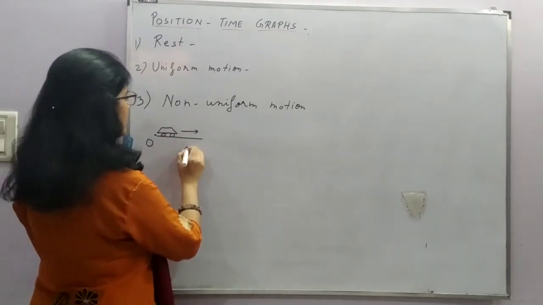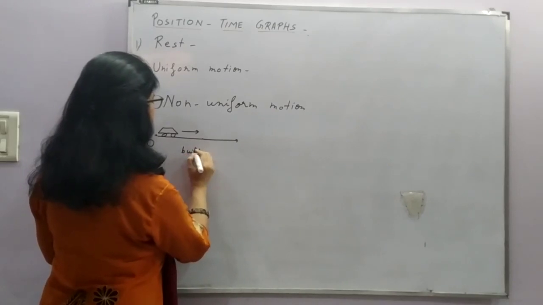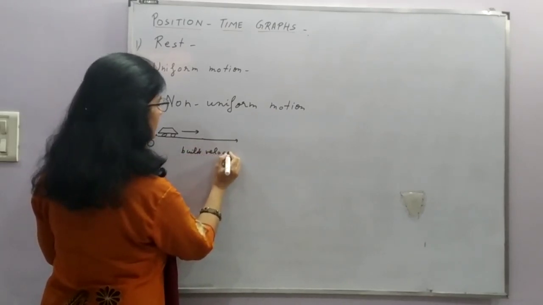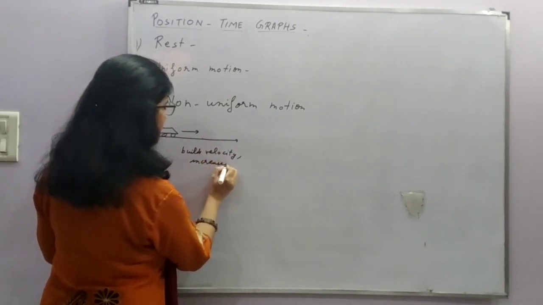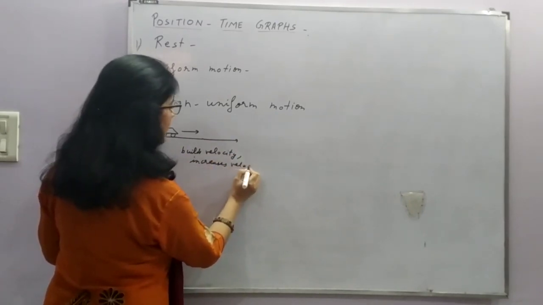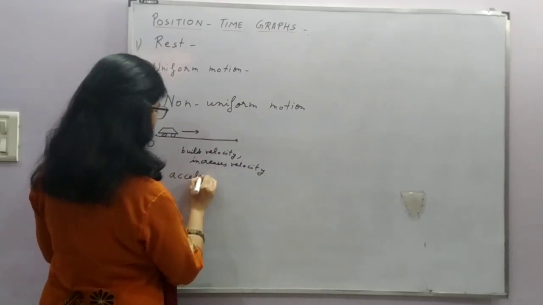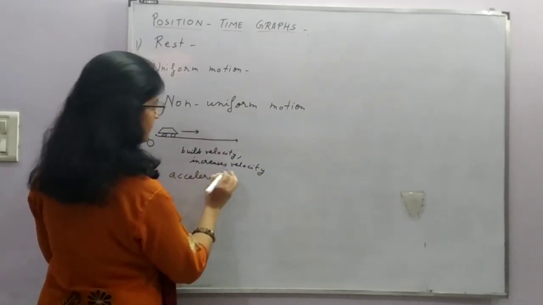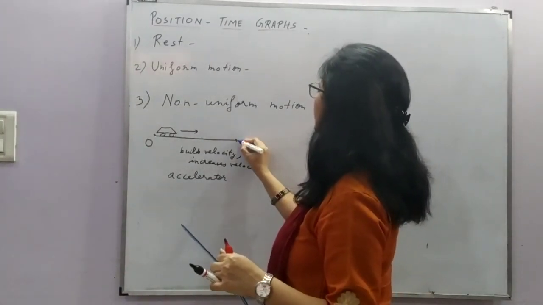Initially it builds velocity and increases velocity. Why? Because we are applying the accelerator. Then after some time we want to move with some uniform velocity.